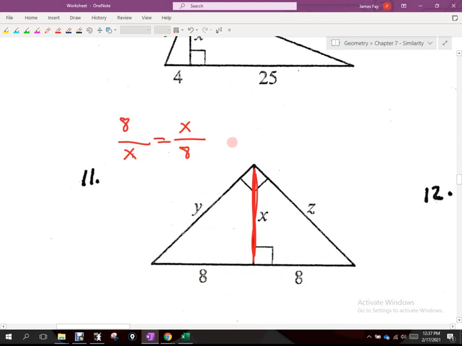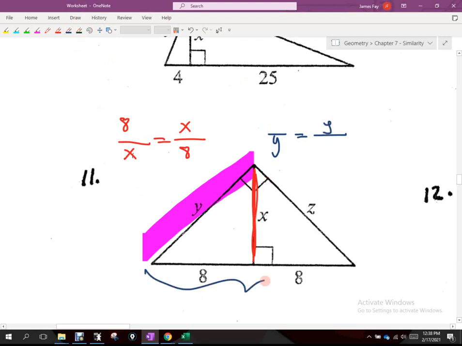So we should have that equation for solving for x. This leg here is also a geometric mean because it's our other altitude. So I'll put y there. Now it's between the entire hypotenuse and then part of the hypotenuse that is touching that leg.